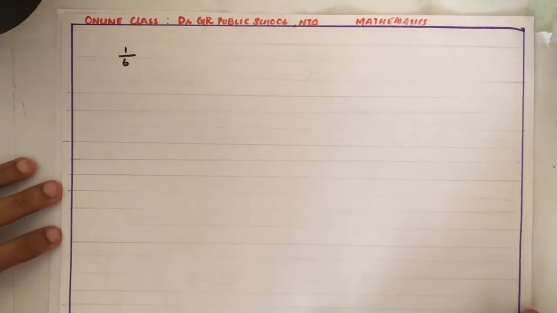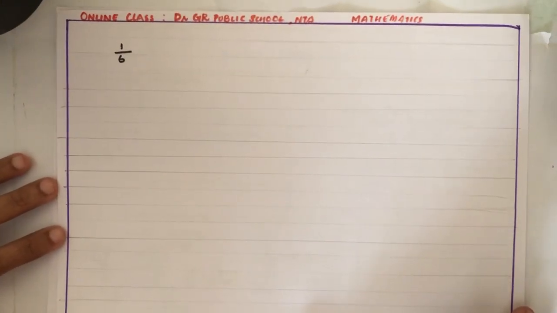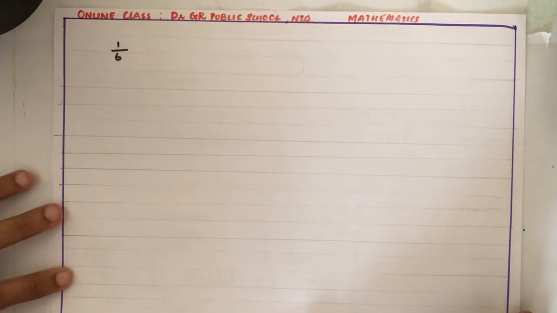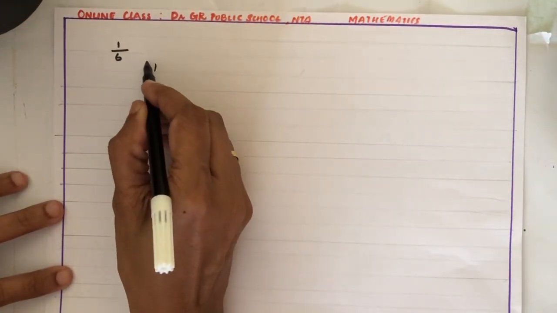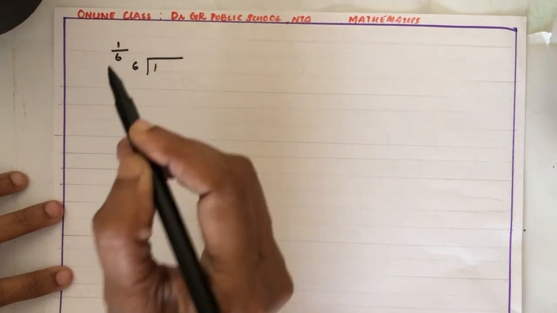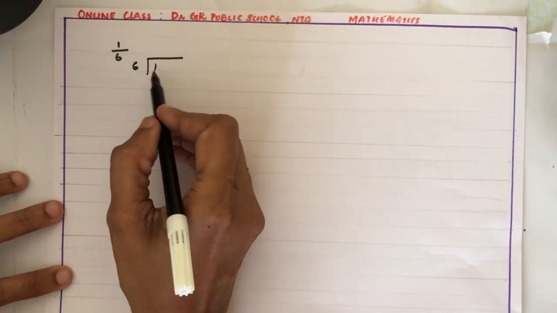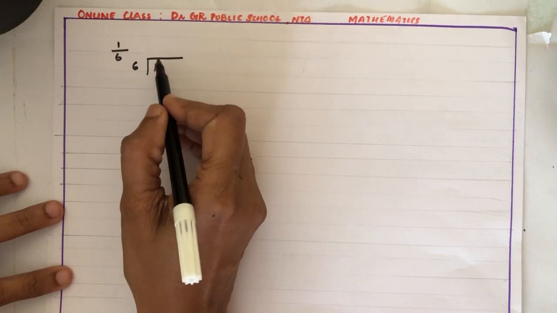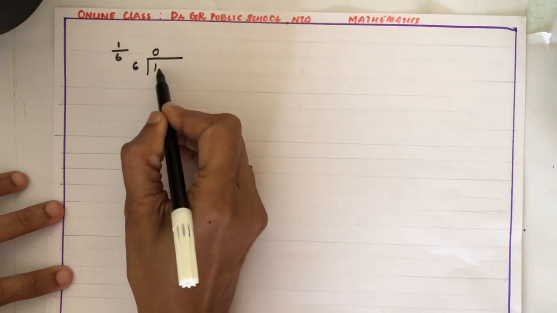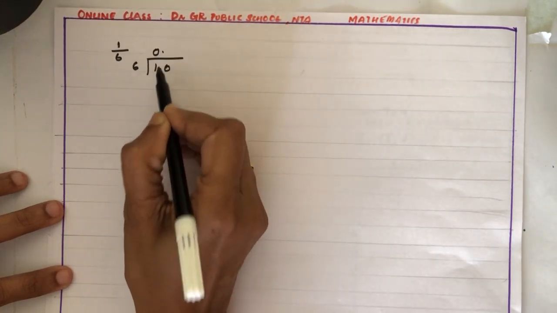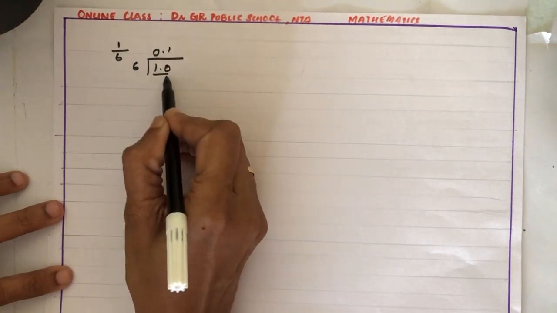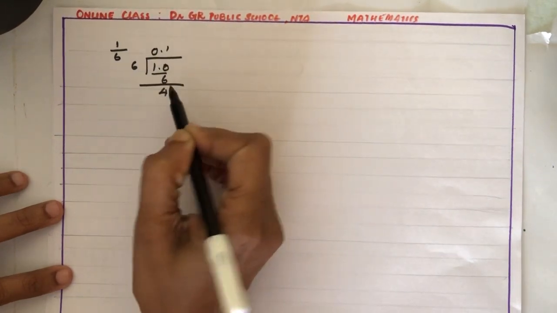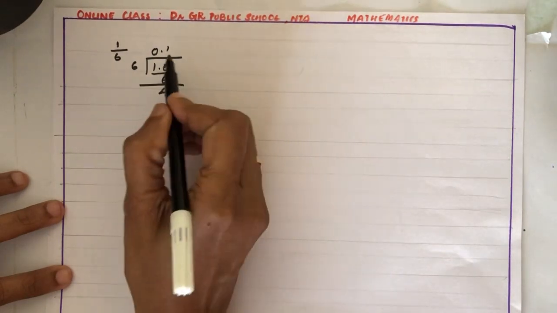Here the denominator is not 10 or a multiple of 10, so we can't write it easily. We have to divide and find out 1 divided by 6. First, 1 we can't divide, so 0 times, decimal. How many times can 6 be taken? 1 time, 4. Then 0.